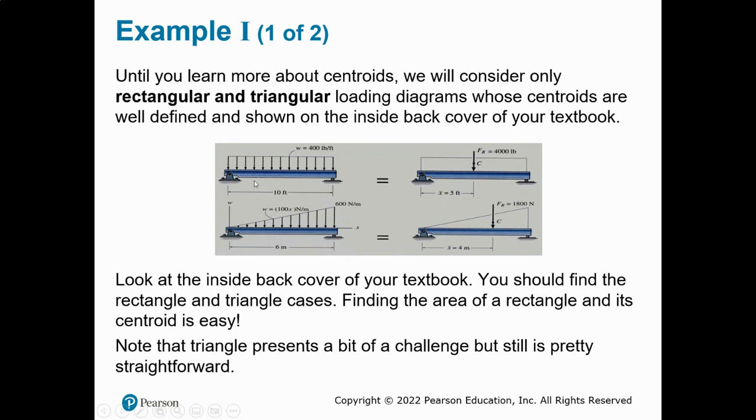For this rectangular distributed load, the length is 10 feet and the width is 400. Length multiplied by width gives the area, and that area is the magnitude of the load.